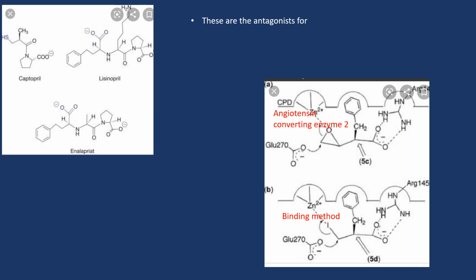Captopril, lisinopril, and enalapril bind to the S1 domain of the angiotensin converting enzyme 2 and block the enzyme, thus preventing angiotensin 1 from binding to angiotensin converting enzyme 2 and converting into angiotensin 2.